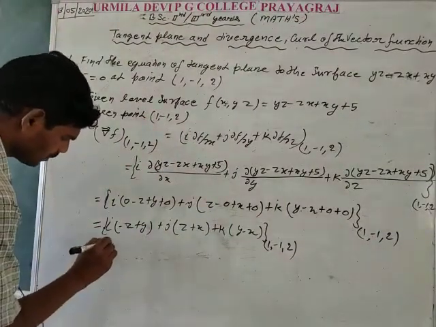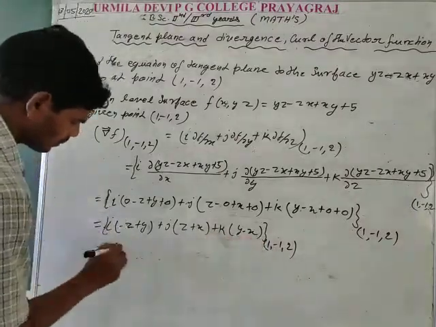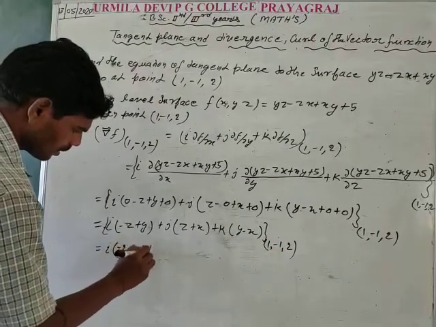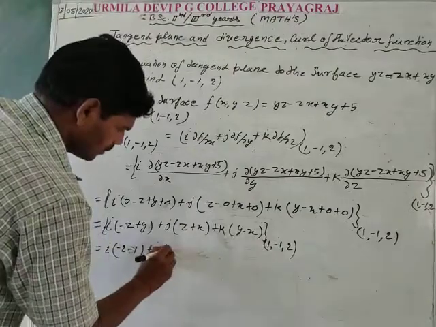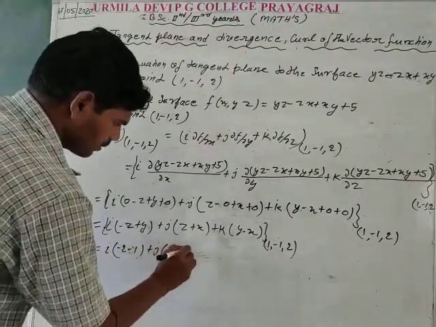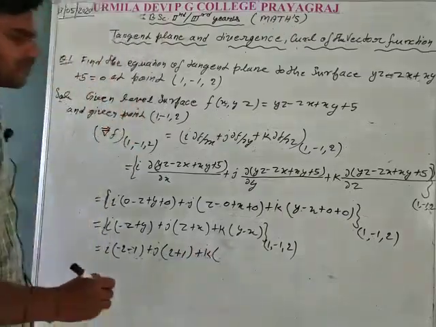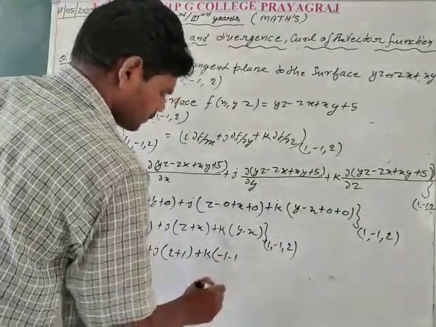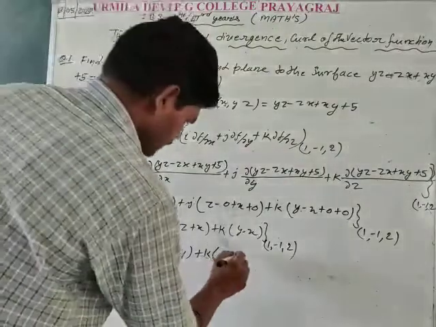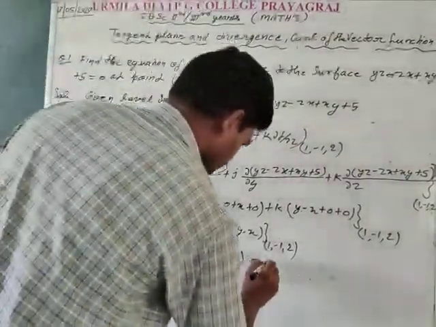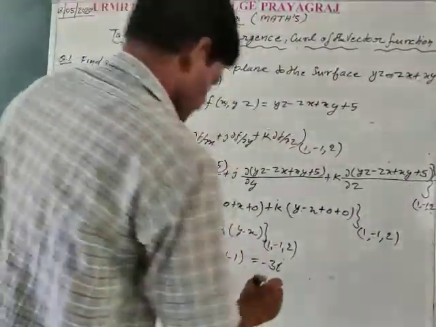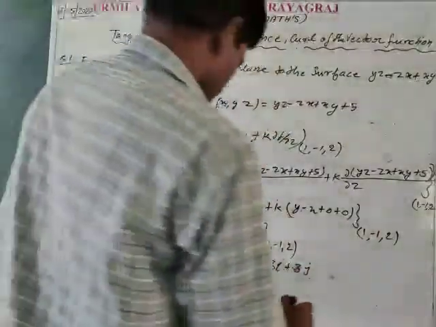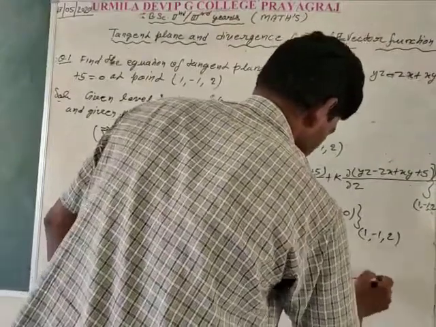So i times: z is 2, so minus 2, plus y is minus 1, so minus 1; plus j times z is 2 and x is 1; plus k times y is minus 1 and x is 1, so minus 1 minus 1. This is equal to minus 3i plus 3j minus 2k.